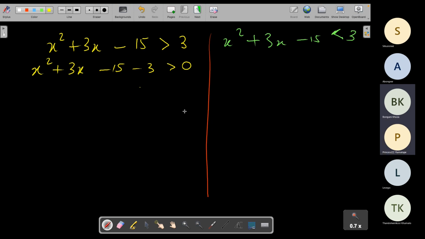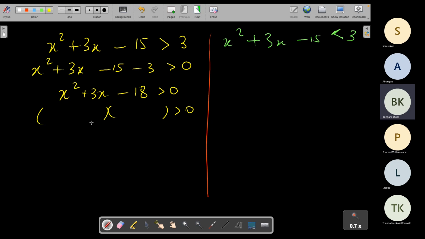And even then on this side, it's still the same thing. Then x squared plus 3x minus 18. Let's factorize them. x and x, positive 6, negative 3.